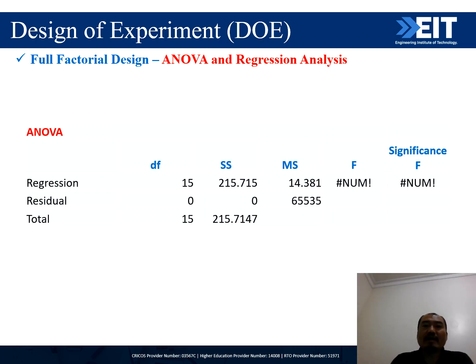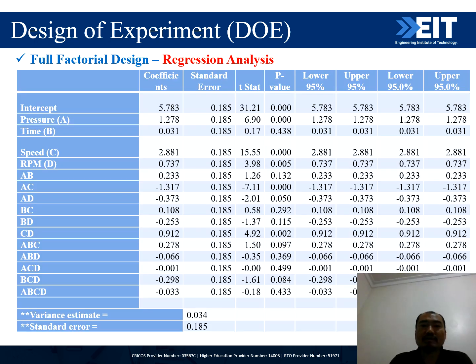So we can do ANOVA and regression analysis. From the ANOVA we can calculate those DF, SS, MS and significance F. And from the regression analysis, one of the important factors that we get is coefficients, that is the effect, and values of P. From these values of P, we can say that those factors which are lesser than 95% confidence interval level are impactful, and those which are higher than 95% CI are not impacting the output.